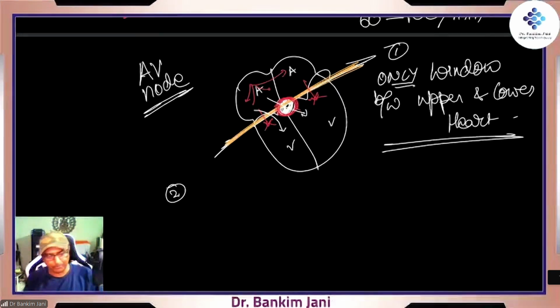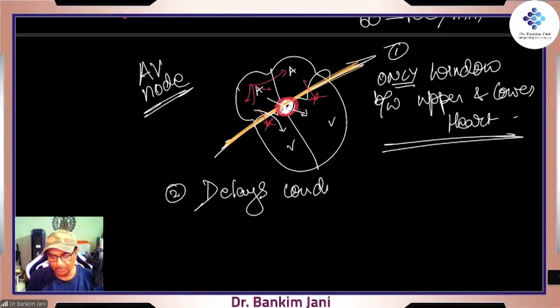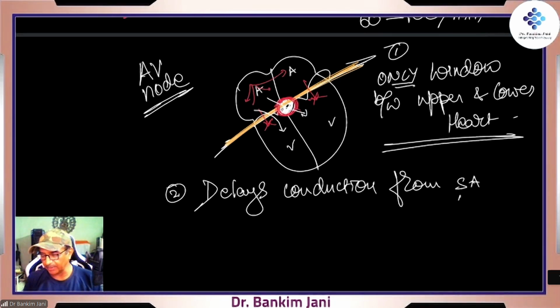The second important point when we talk about the AV node is that it delays conduction from the SA node. It slows down. Why does it have to slow down? Once again, hemodynamics comes into the picture.